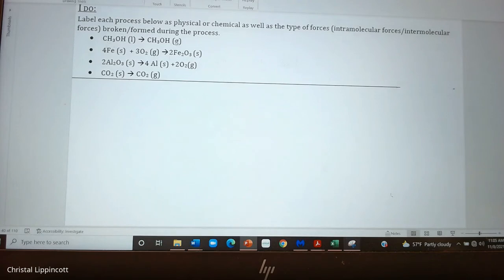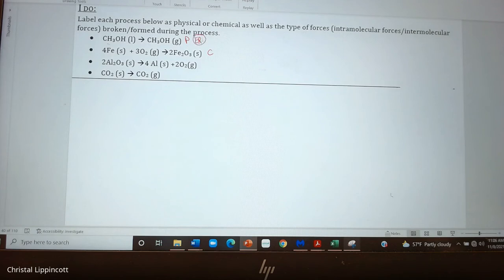All right, physical or chemical here for the first one? Physical, because the chemical formula has not changed. We've just gone from a liquid to a gas, so this is going to be physical. Physical or chemical? Chemical, okay. Oh, and it also said what type of forces are going to be broken or formed. This would just be intermolecular.